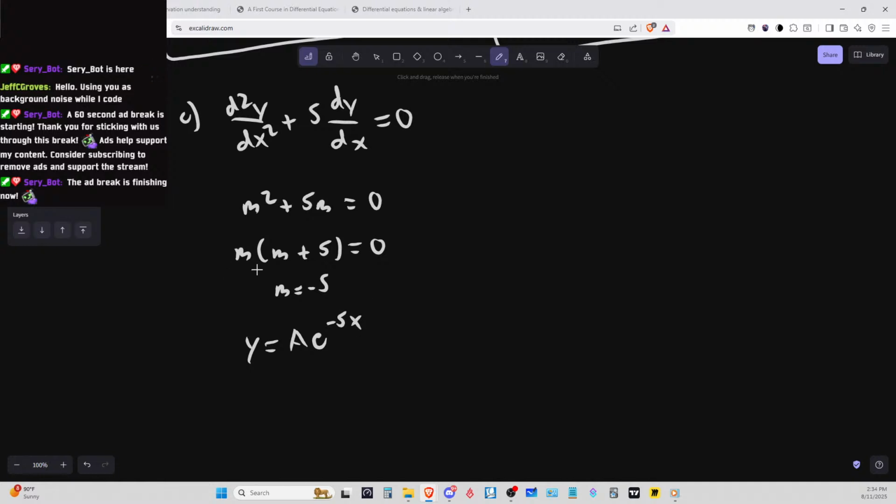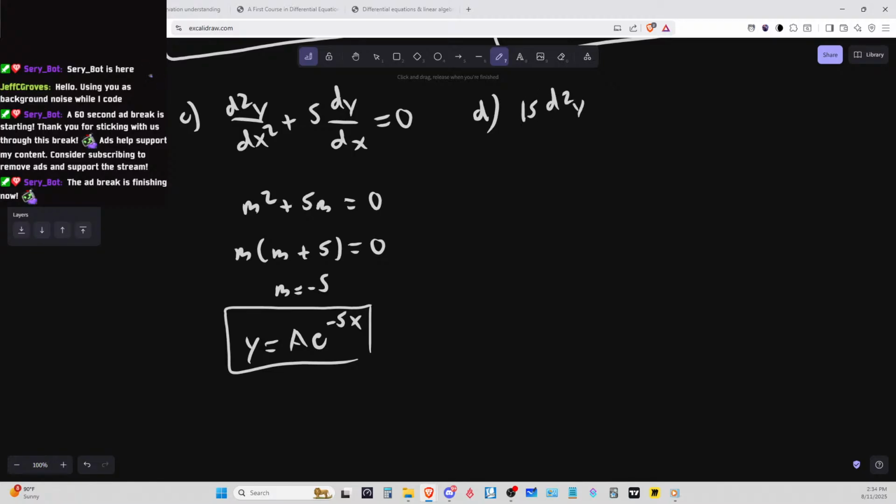Because technically this m would be 0 and this one would be negative 5. So since we're doing it in descending order, I think that would be it.